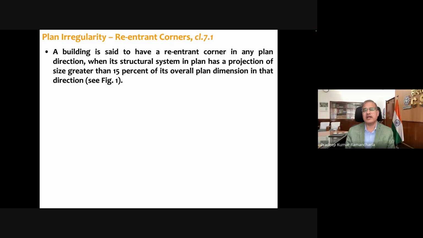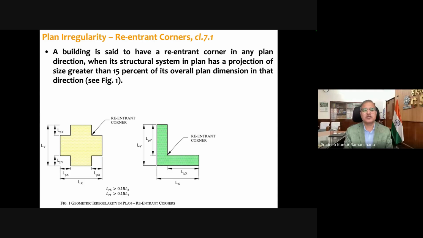Plan irregularity, we call that a re-entrant corner, which is given in clause 7.1.3. What it simply indicates is if the projection is more than 15% of the overall dimension in that direction, or in the principal plan direction.